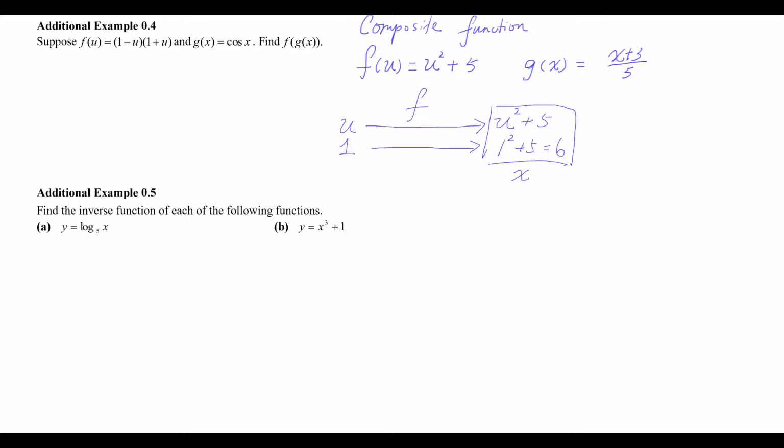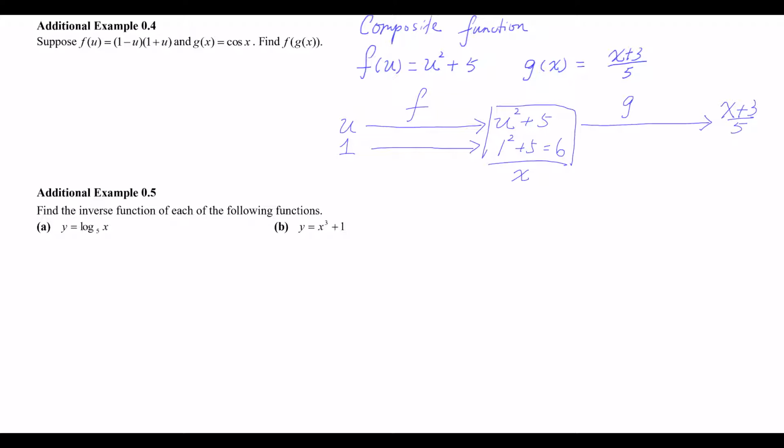It means g takes the independent variable x, and we manipulate x to get x plus 3 over 5.